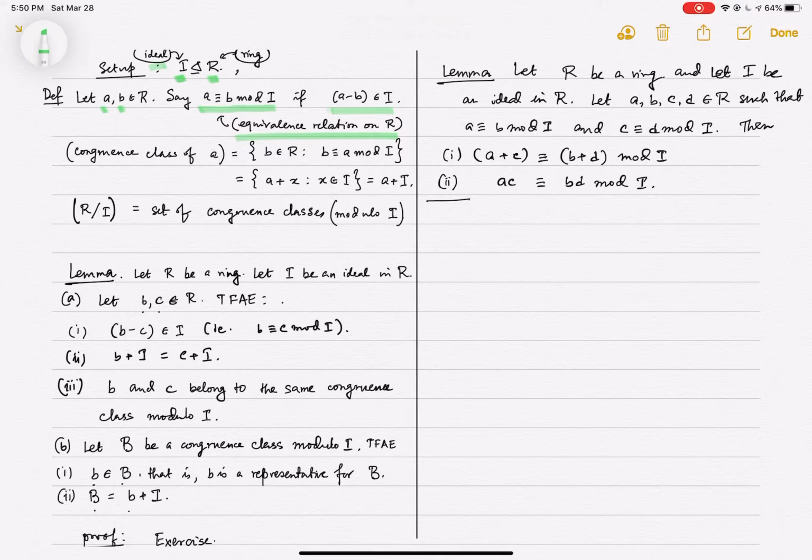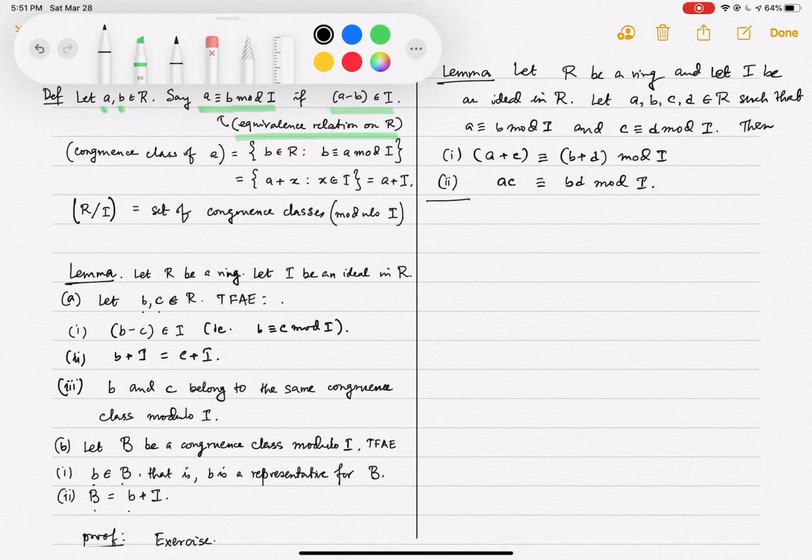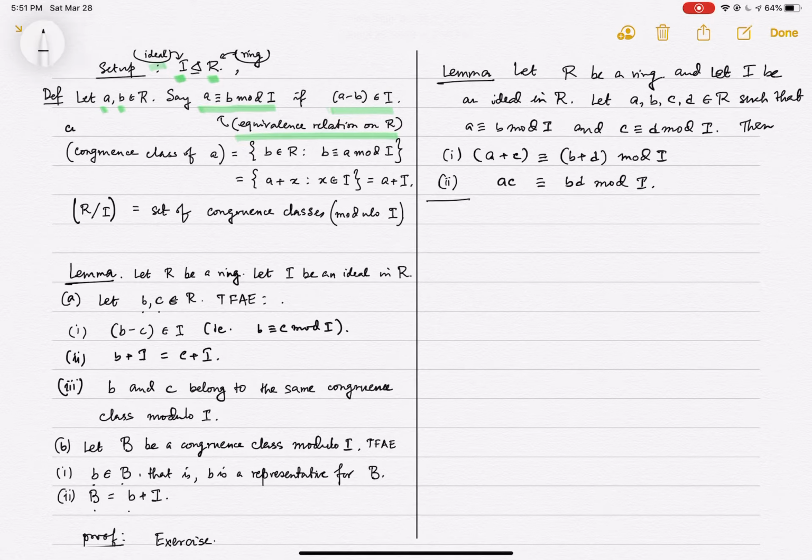Because it's an equivalence relation, it breaks up the ring R into equivalence classes. These equivalence classes are called congruence classes, also called cosets.